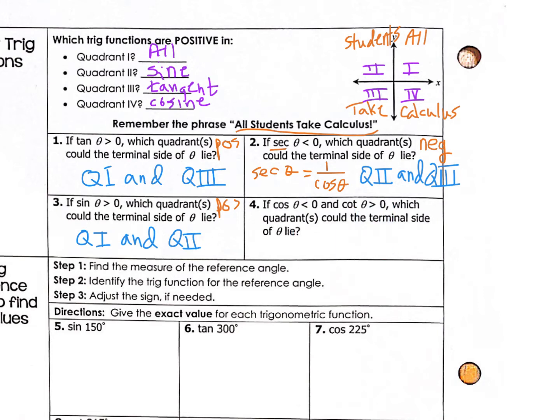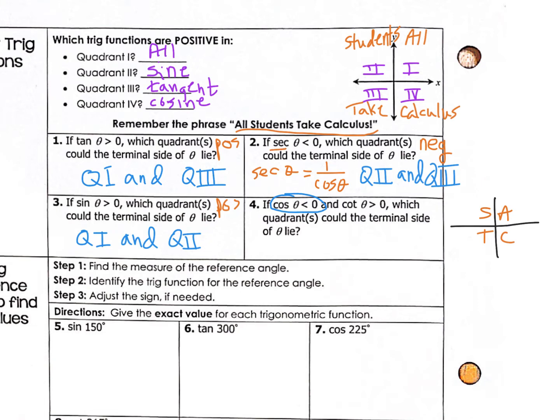Let's draw over here to the right a little coordinate grid. We're going to put all students take calculus. That's my abbreviation. So let's start with where cosine is negative.